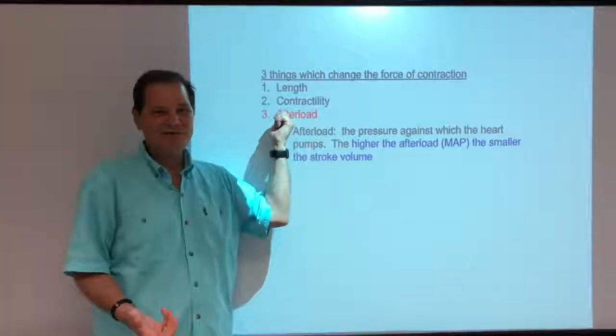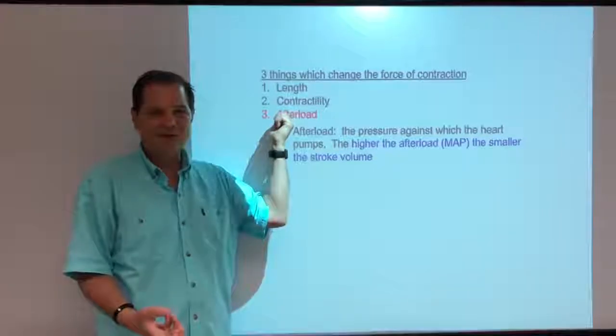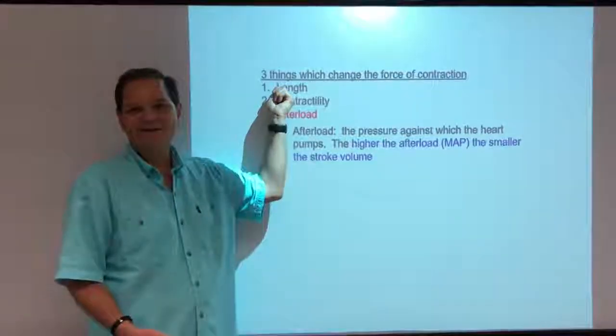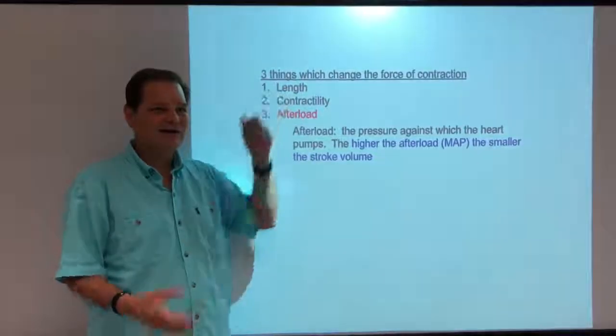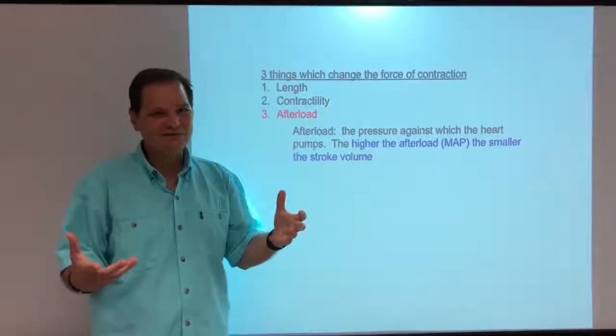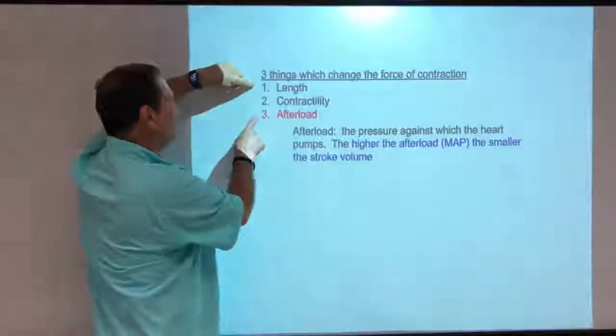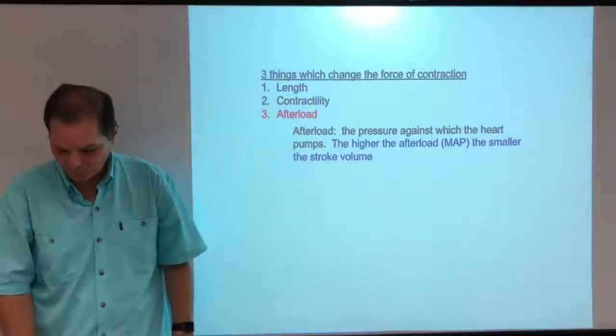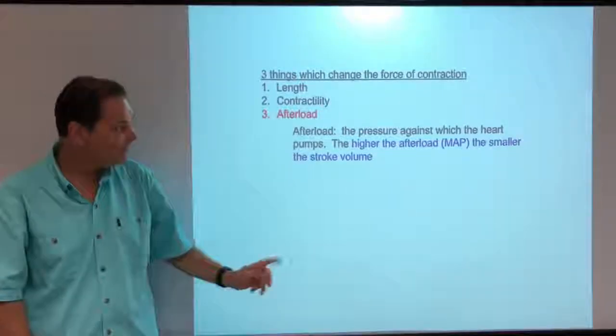Things like blood pressure, the force against which the heart contracts. You can tell what length is. That's easy to tell, okay? If I change the length of the muscle, I've changed the force. Anything that isn't 1 and 3, that's a change in contractility, okay? Okay. And I'll come back to that.